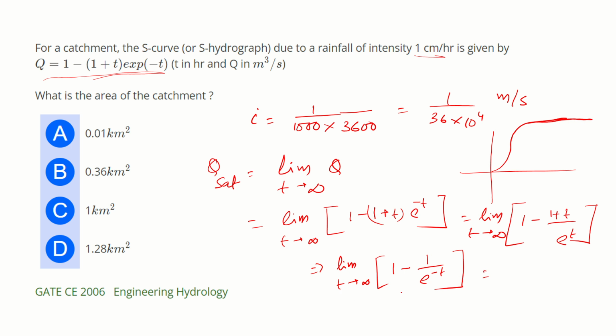Now, इसमें if you put the value of t tends to infinity, this will be 1 meter cube per second. This is the saturation discharge.